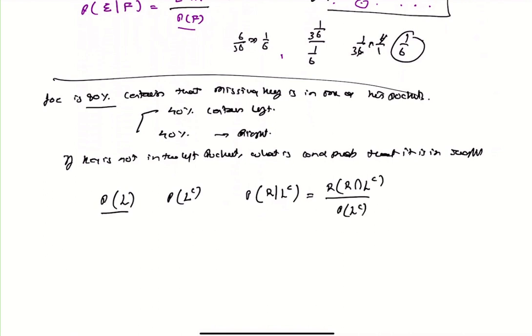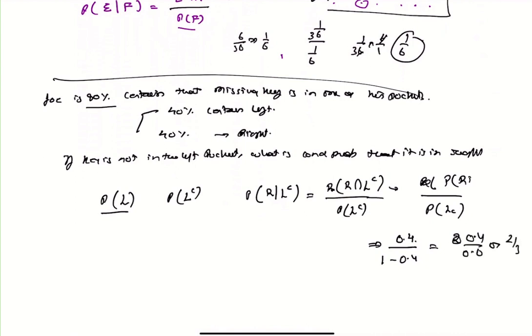Now the probability of right when it is not in the left is basically the same as the probability of right. So it is the probability of right divided by the probability of left complement. So what is the probability of right? We know it is 0.4, and the probability of left is also 0.4, but the probability of left complement is going to be 1 minus 0.4. So that is 0.4 divided by 0.6, or 2 out of 3.